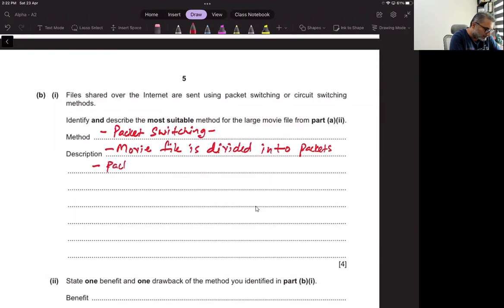Packets have a header that holds origination IP, recipient IP, the number of the packet, hop number, and so on and so forth, and payload, which actually is the data itself.